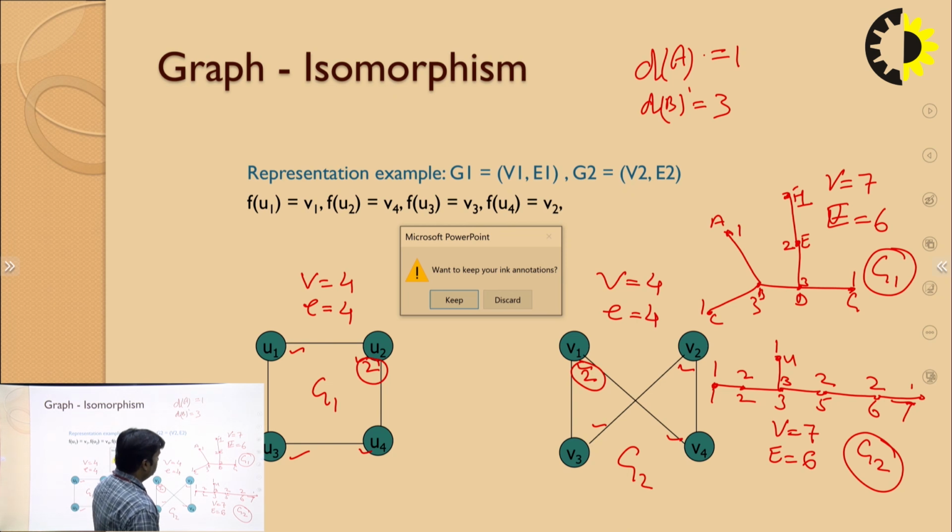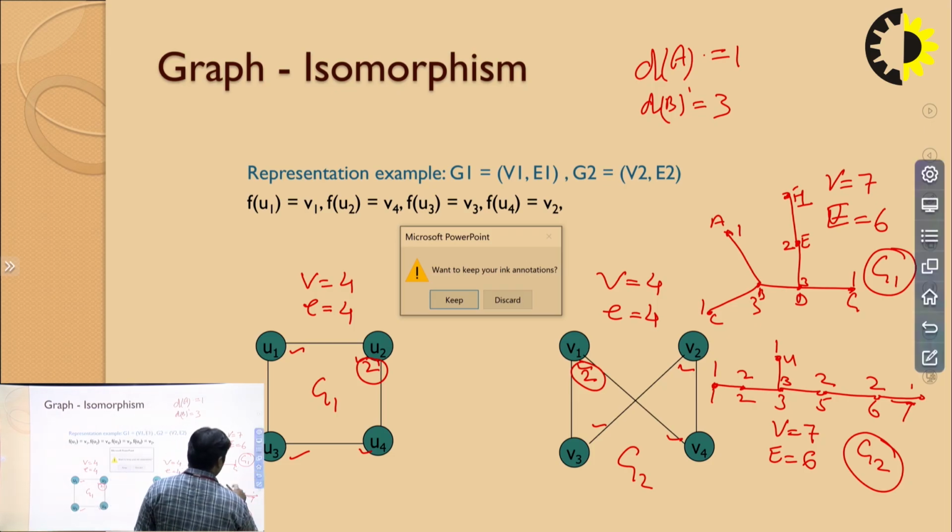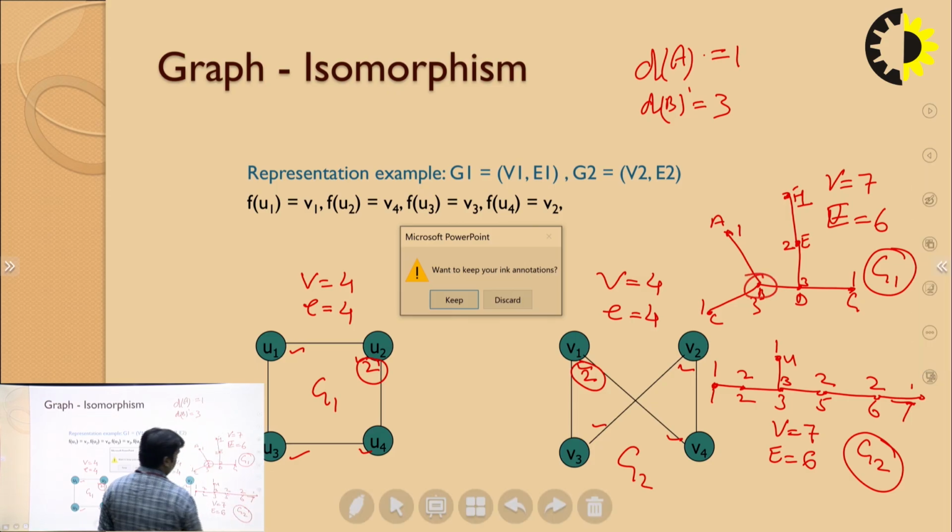In the first graph we see that the degree of this vertex is 3 and the degree of this vertex is 3, and in the other graph only this vertex has degree 3, no other vertex has degree 3.